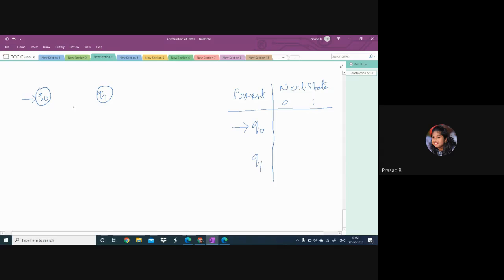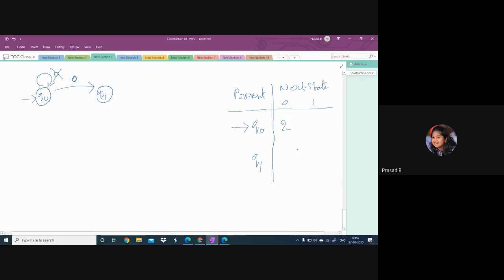Now come to this diagram. In Q0, on 0, you must define a transition. So Q0 on 0, I can remain in the same state or I can go to Q1. You have to go to only one state, either Q0 or Q1. So we have two possibilities.